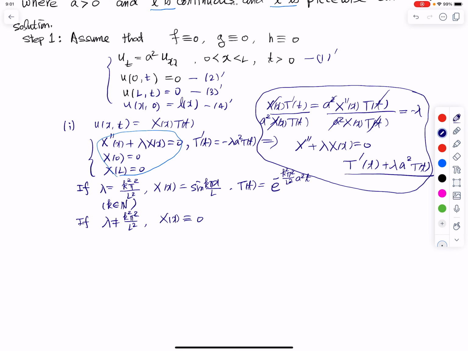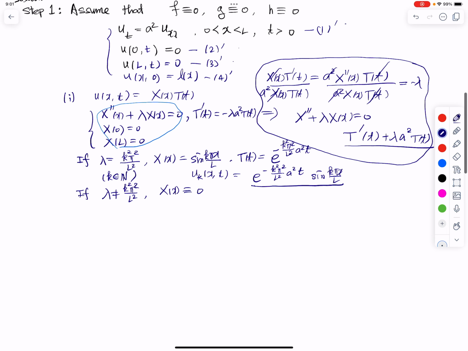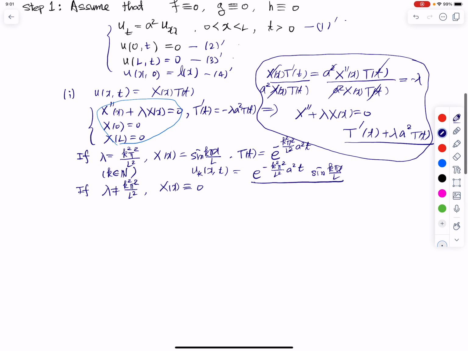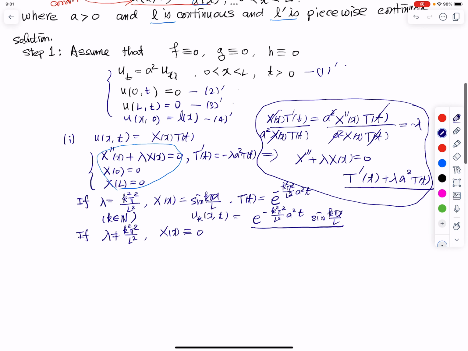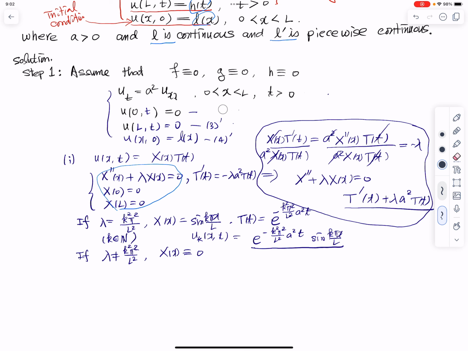So you remember u_k(x,t) equals exponential of minus k squared pi squared over L squared a squared t times sine of k pi x divided by L. This would be a solution satisfying 1 prime, 2 prime, 3 prime.